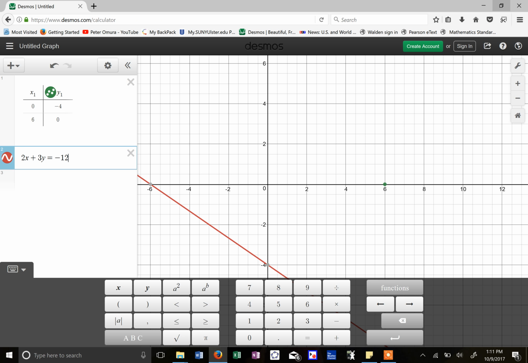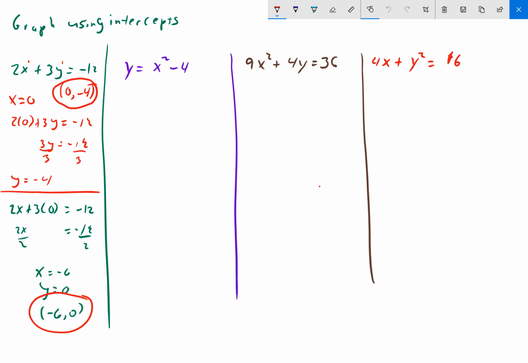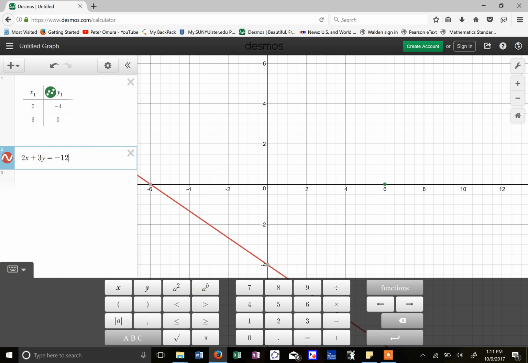So 2x plus 3y equals -12. Let's see where my mistake was. Oh, here it is. This is supposed to be a -6.